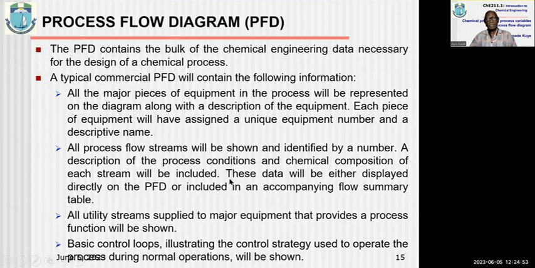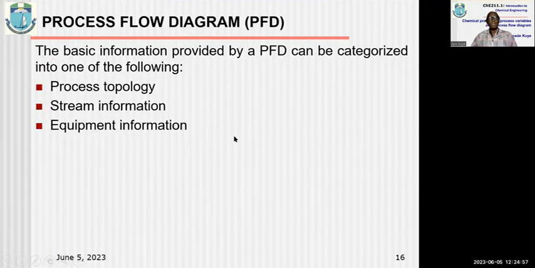So now let's take a closer look at the PFD. Usually you can categorize it into three different areas. The process topology, which more or less gives you just a pictorial view with minimal information.